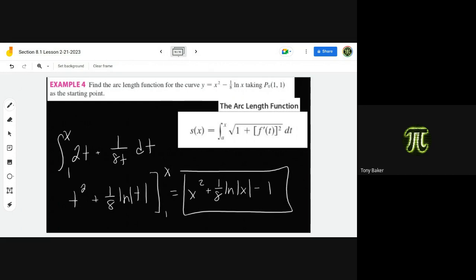Believe it or not, for the two problems we did, the actual process and steps for finding arc length are identical. The integration was a lot more difficult with example 2 than it was in example 4. But if you looked at that original problem before we did the simplification, it looked way more complicated than the other one, because the other one was literally just 1 plus 1/2 x squared.